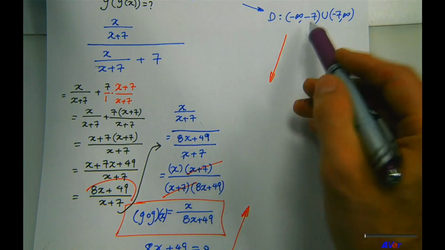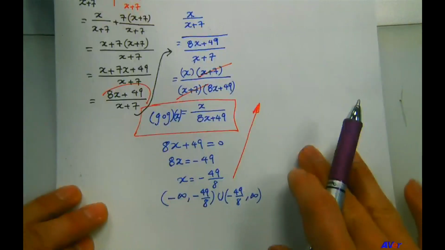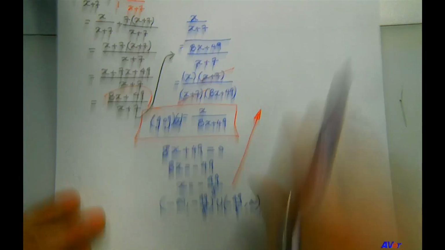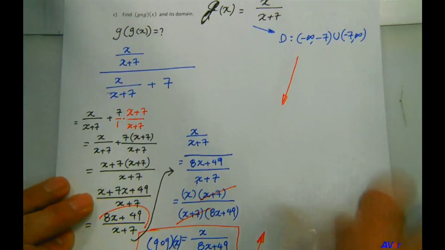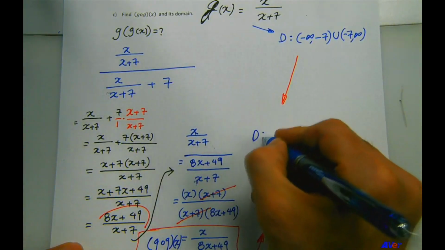So the way we take the intersection is as follows. Basically, we're taking the intersection of this domain with this result. Okay, and we end up with this. So we have the domain of the composite function, which I've boxed here.